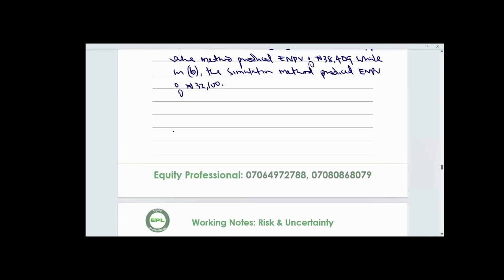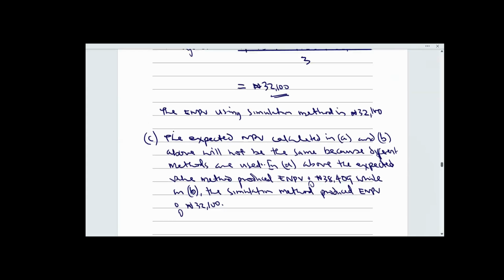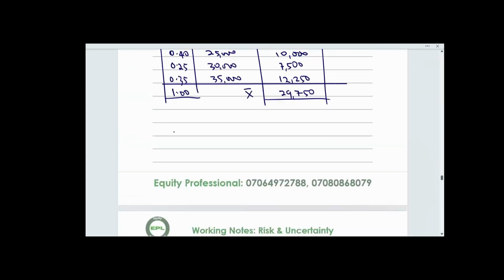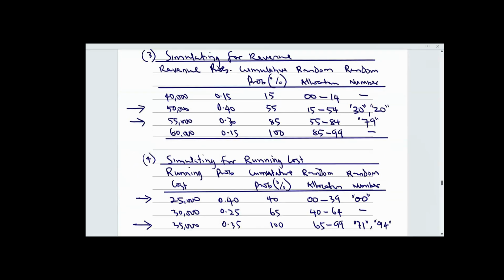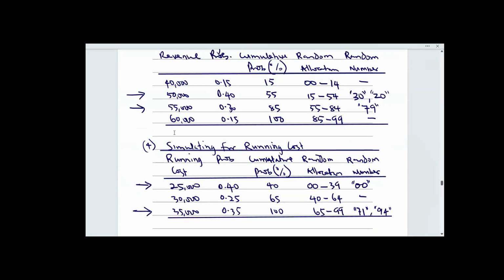calculated in B will not produce optimal solution because not all cash flows are well represented. You can see that when we were simulating, we are just picking numbers randomly based on the set number. Even you can see we have cash flow of 60,000, revenue of 60,000.